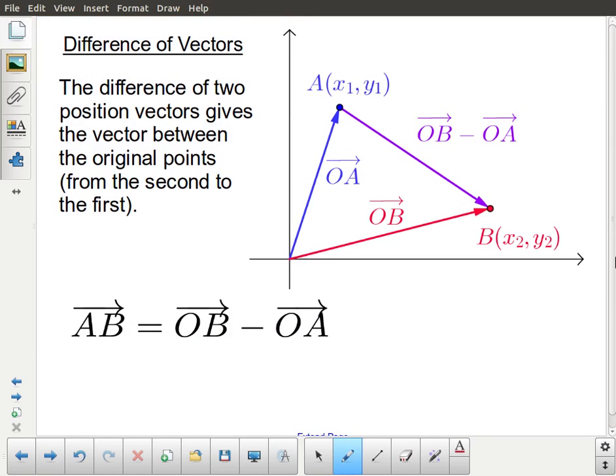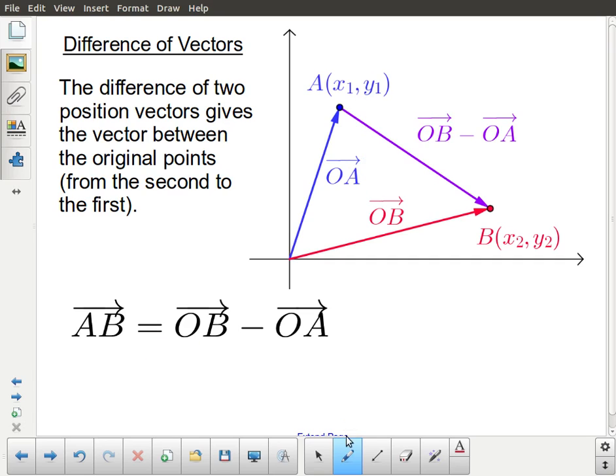So for your notes, I've given you a much more condensed version of that, which is the vector AB in this case. If I'm trying to go from A to B, then the way that I do that vector subtraction is I actually do OB minus OA.